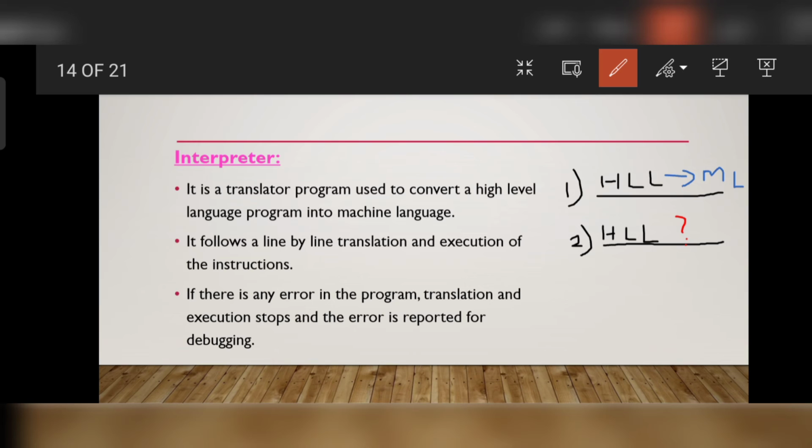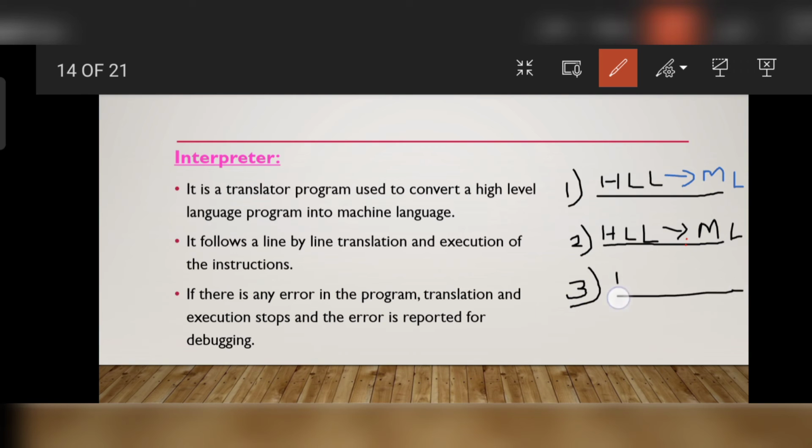Then we will try to find the error and correct it. Once this error is corrected, the interpreter will again convert this second line into machine-level language instruction. Then it will continue working.